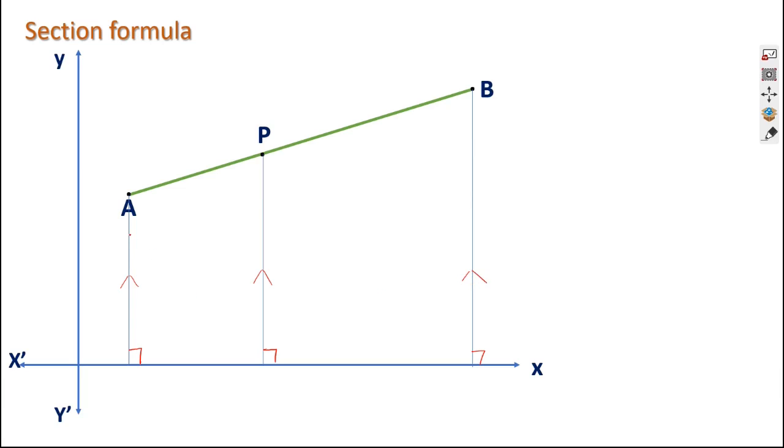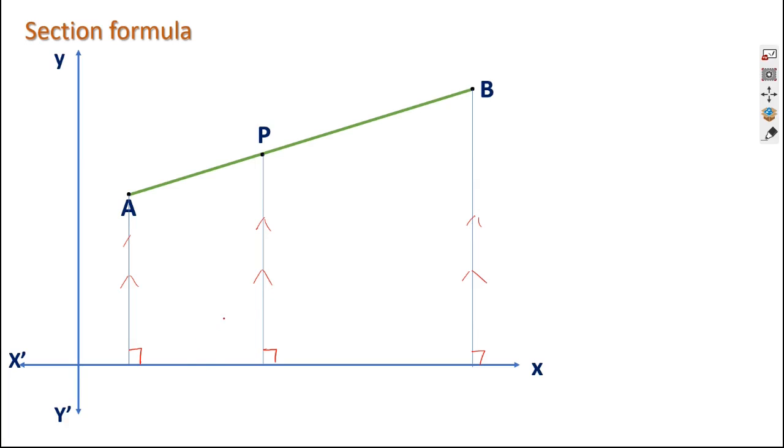If these are parallel lines, and you consider APB as the line segment passing through these parallel lines, we know that they have proportionate intercepts. It will apply the principle of proportionate intercept.